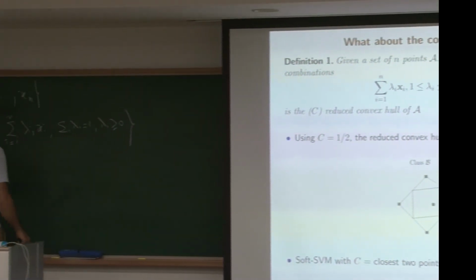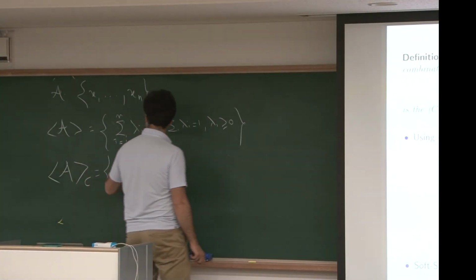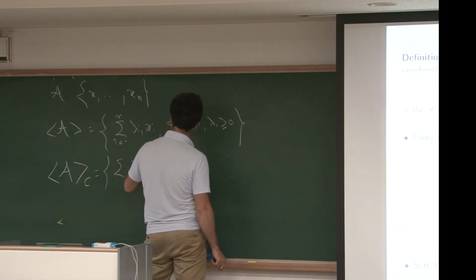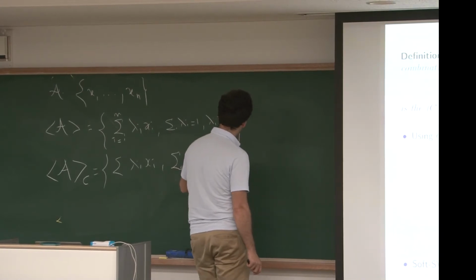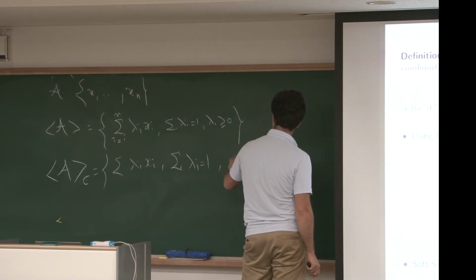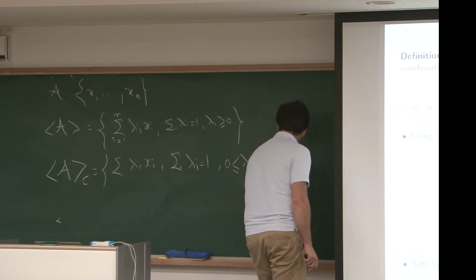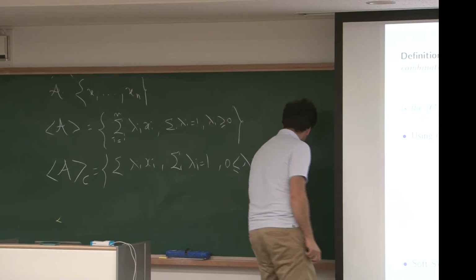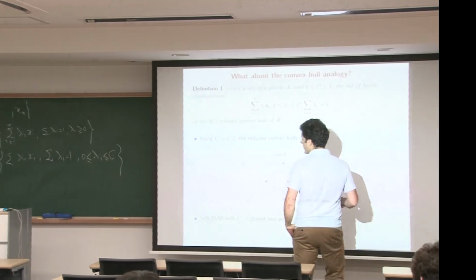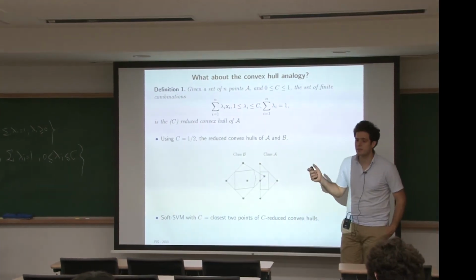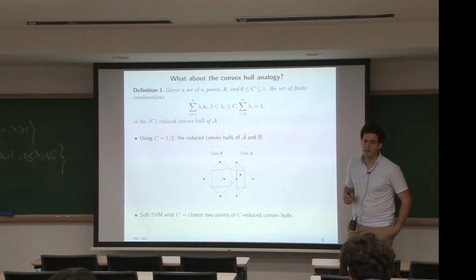So if I call this the reduced convex hull with respect to C of A, it is the sum of lambda i x_i, sum of lambda i is equal to 1, but now I want lambda i non-negative, but smaller than C. So it's the same set of convex combinations, except now I'm putting an upper bound on each coefficient lambda i.